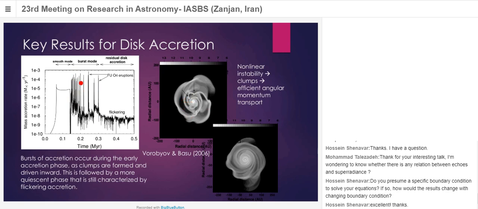So the arrival of a clump at the center is one of the bursts, but there are times between these phases when the disk looks more like this. It's a quiescent disk, which does not have any clumps. But then the clumps form again, and they move in, and they create the next burst. These frequent bursts will go on as long as there is significant matter falling onto the disk from the external medium.